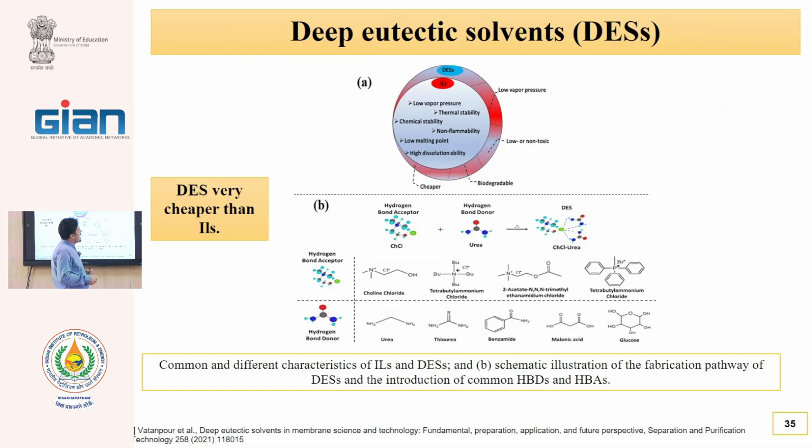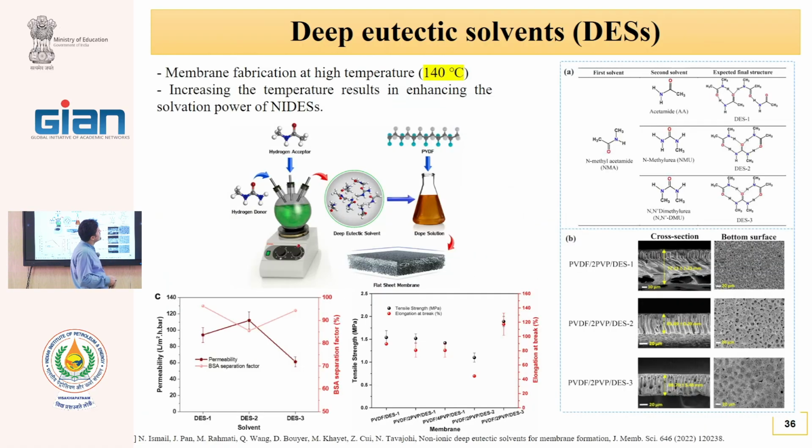Therefore, in deep eutectic solvents, we have a donor and an acceptor, and we can mix them with different ratios: 1 to 1, one mole urea, one mole choline chloride, or 2 to 1, 3 to 1. With different ratios, we obtain solvents with different properties, and we can use them in membrane fabrication.